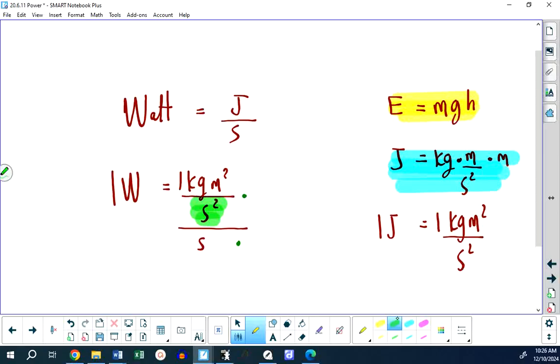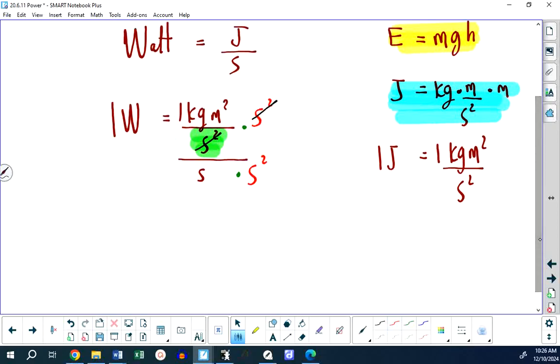So how do I accomplish that? I multiply the top and the bottom of this fraction by seconds squared, or s squared. And that's going to accomplish canceling the seconds squared and giving you 1 watt is equal to a kilogram meter squared per second cubed.